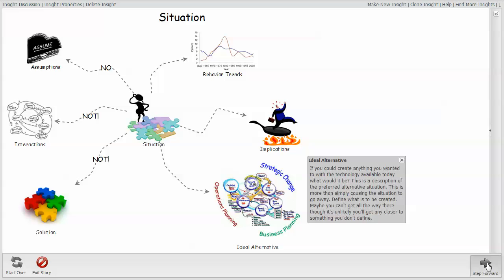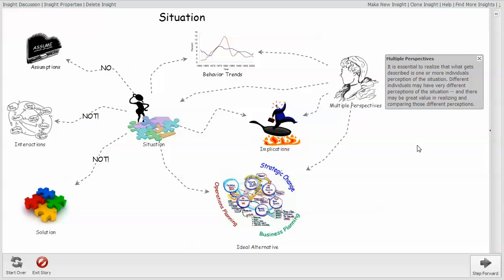And in doing this, it is extremely important to get multiple perspectives on all of these dimensions, simply because there are few situations which an individual can remedy on their own.